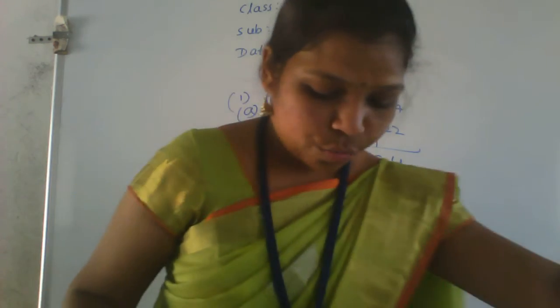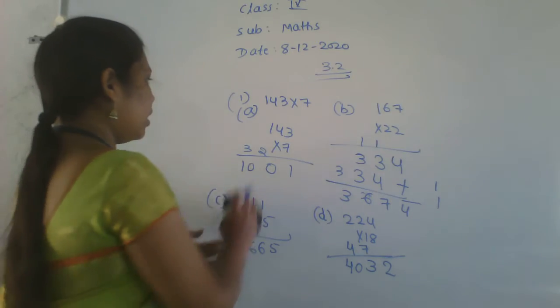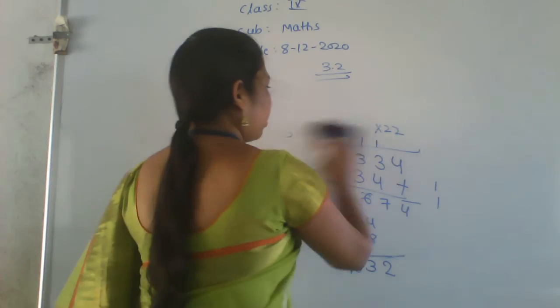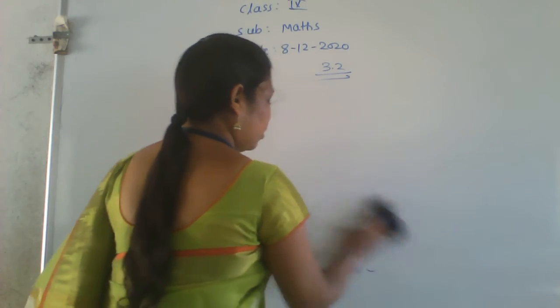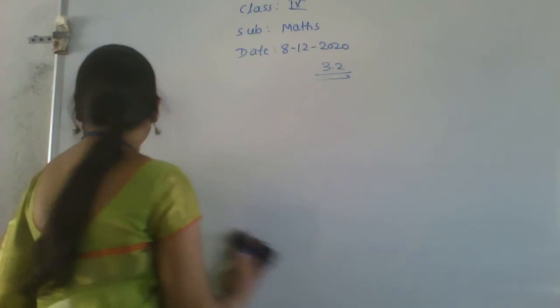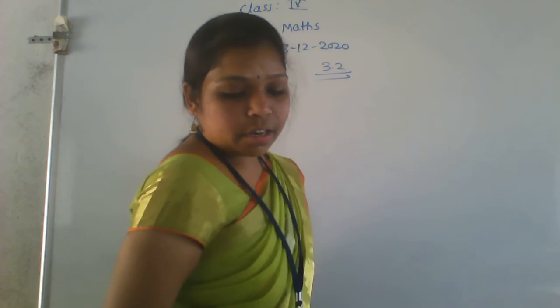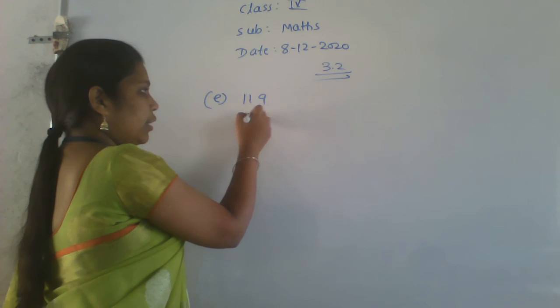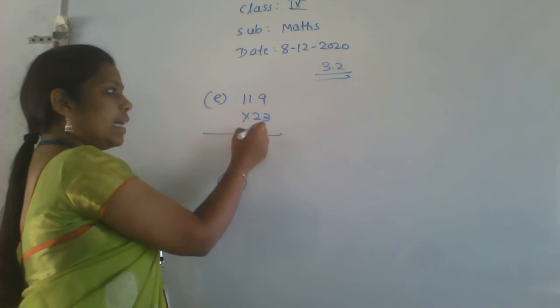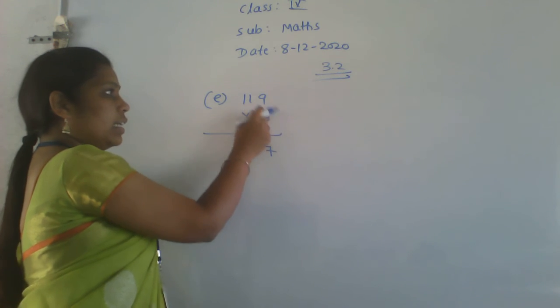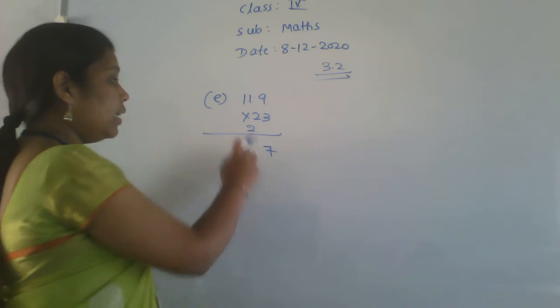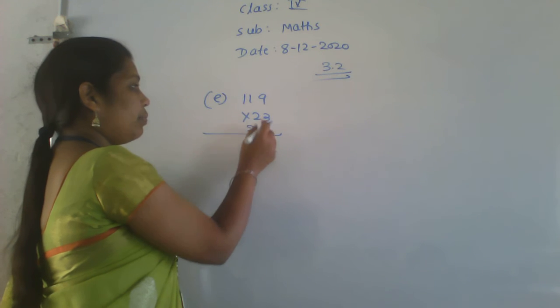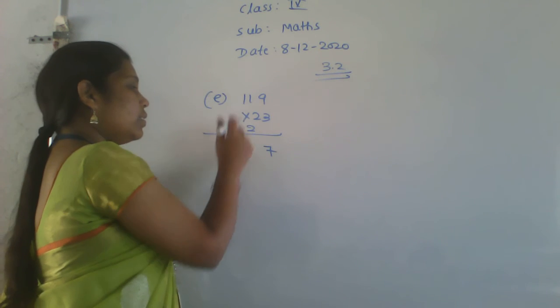Okay. Next go for the next problem. Do the eighth problem. 119 into 23. 3 9s are 27. 3 1s are 3. 3 plus 2 is 5. 3 1s are 3.